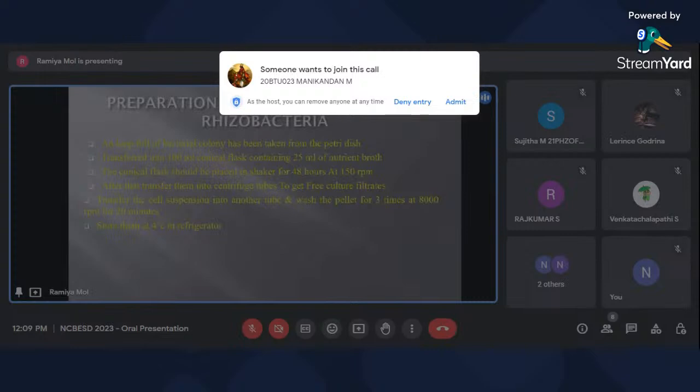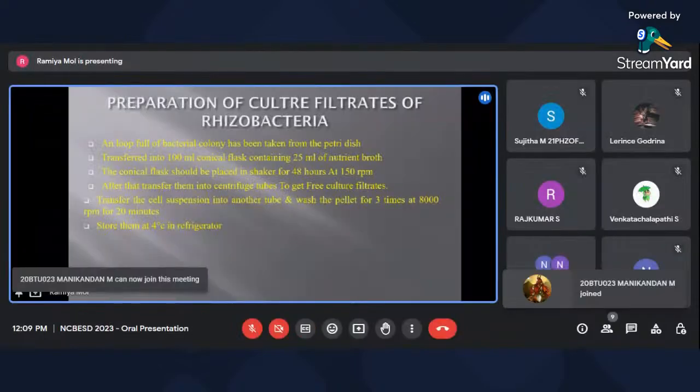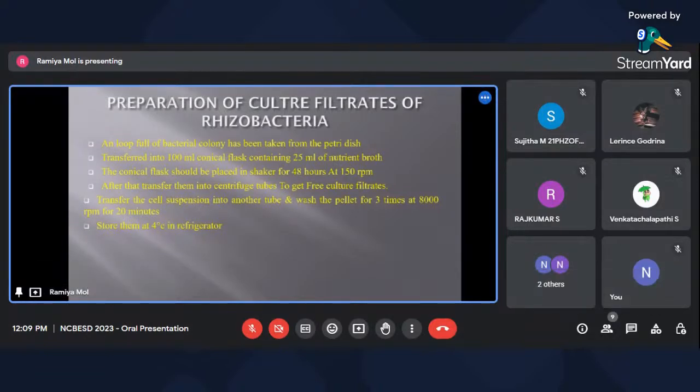Preparation of culture filtrates of rhizobacteria. From the mother culture, I have taken a loopful of bacteria and transferred it into 25 ml nutrient broth and kept it in an orbital shaker for about 48 hours at 150 rpm, then transferred it into centrifuge tubes to get the culture filtrate. That culture filtrate I am going to use against RKN to check the number of juveniles hatched.